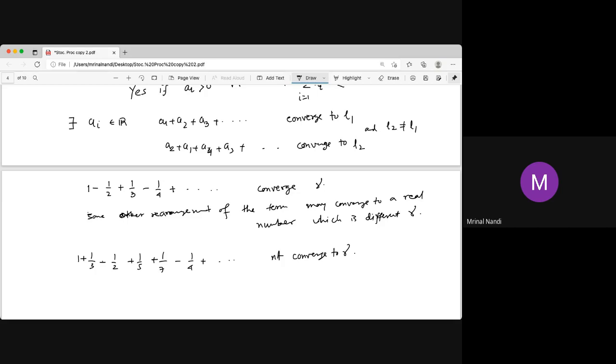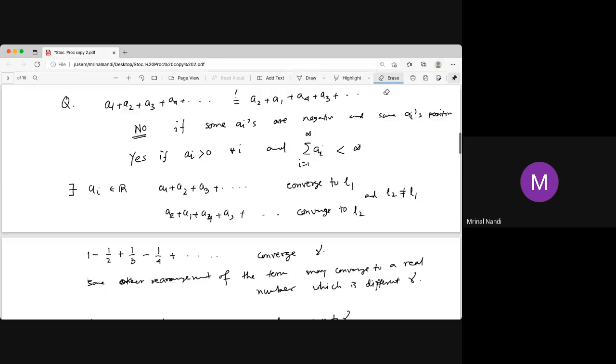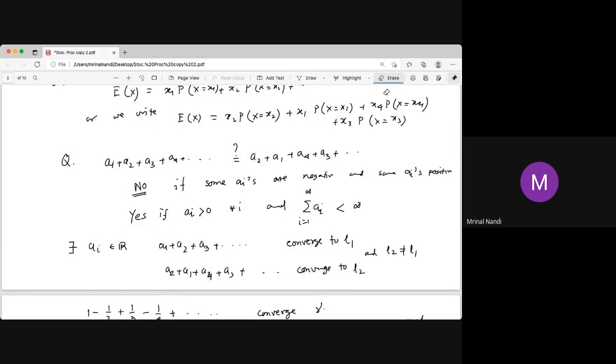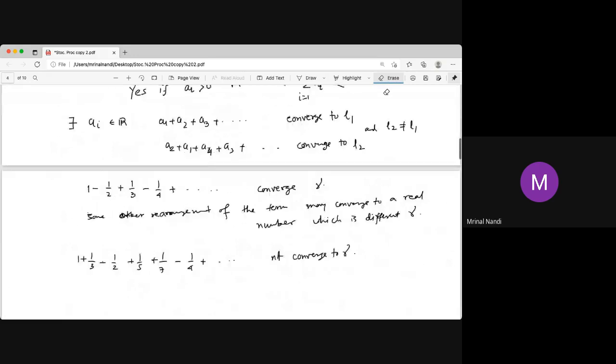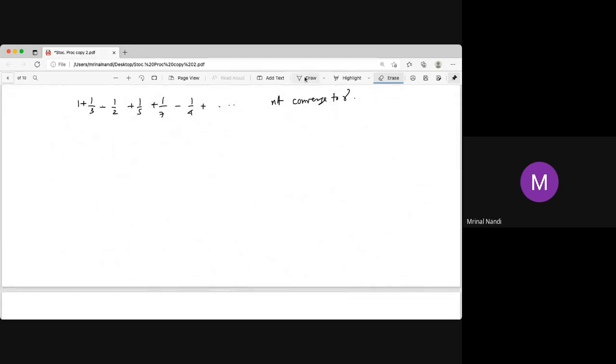So there are two issues. It may not converge, and if it does converge, rearranging the terms may make it converge to a different number. Say my spectrum is x1, x2, some negative, some positive, or any other; it is basically a set.